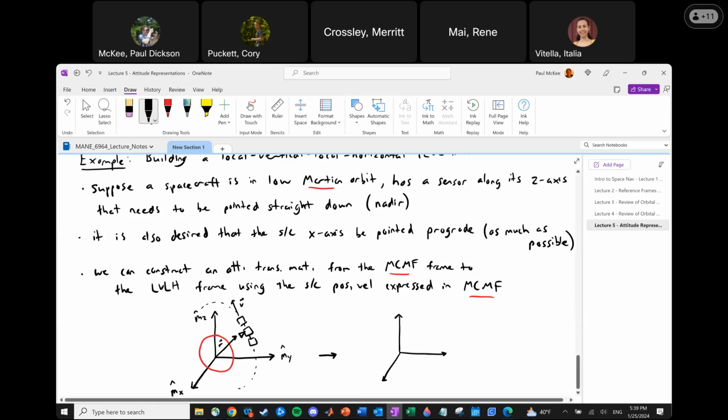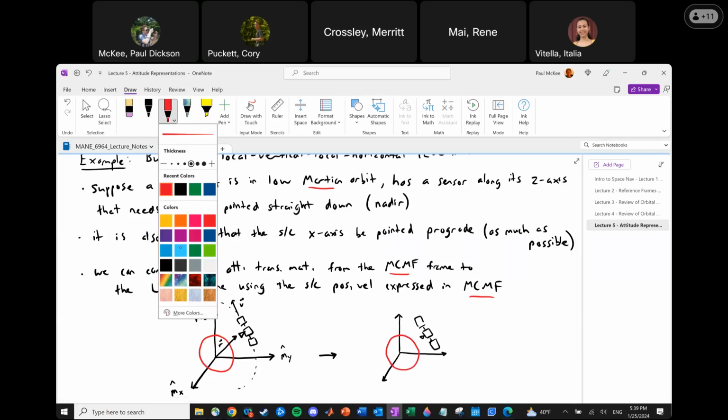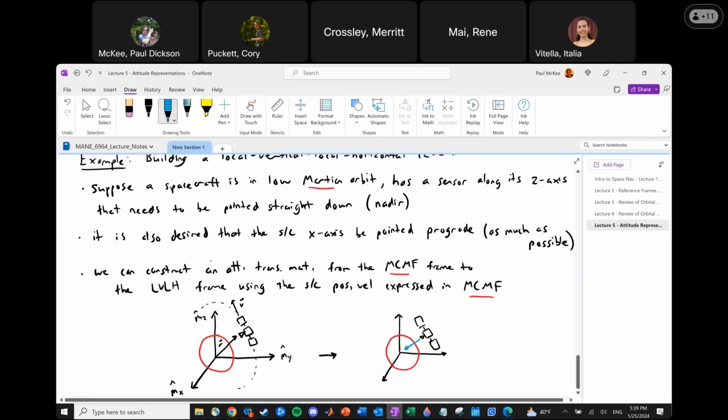So we know this, and here's what we want. And we want the spacecraft to have, maybe I'll use a lighter shade of blue, we want it to be pointed in, so we'll call this the EZ direction, and then the EX direction is pointed in the direction of motion as much as possible, and then the EY direction completes the right-handed system.